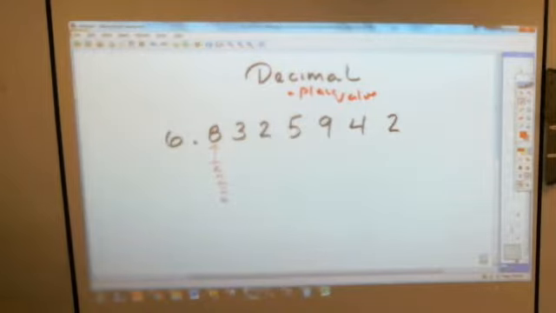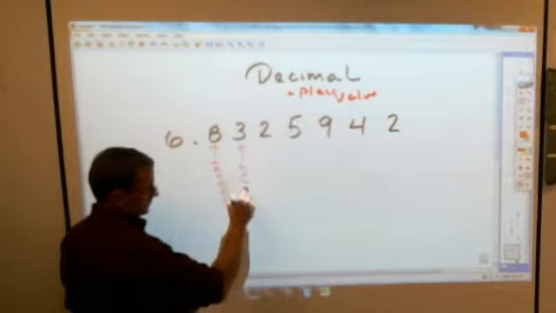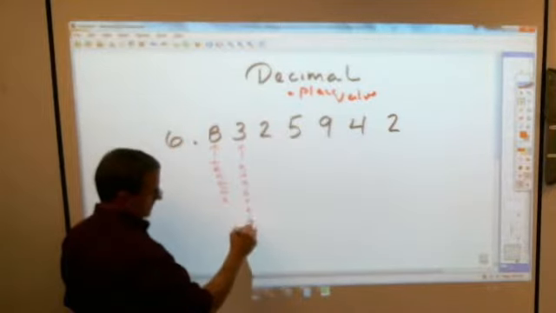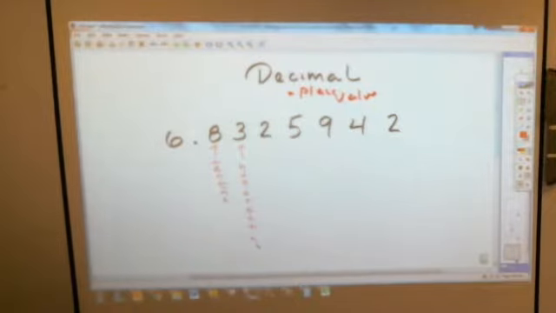The next place value over is the hundredths place. Which means I would have to take my 1/10 of what I started with and cut it into 10 equal pieces. This is about 1/100th of what I started with.